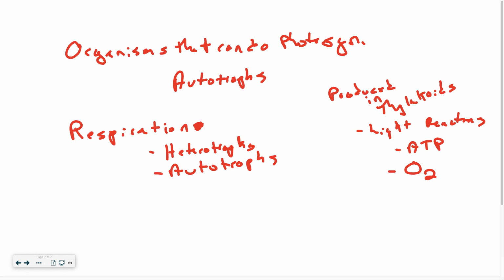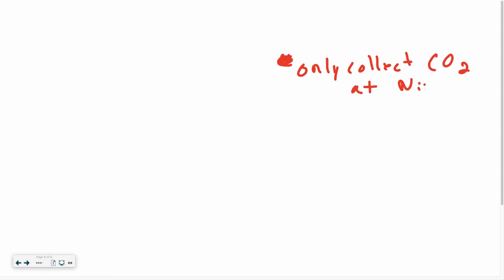One more page. Which group of plants, or which photosynthesis type of plants, only collect CO2 at night in order to conserve water?